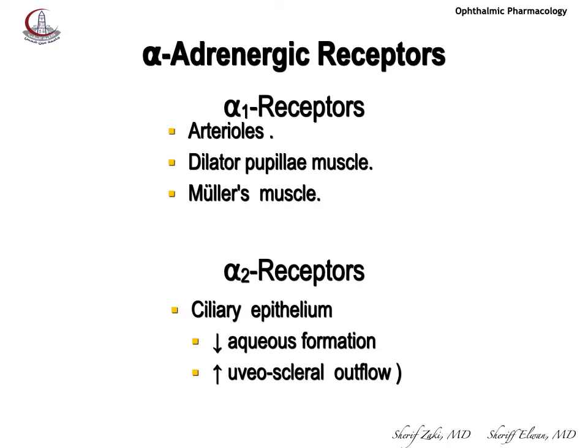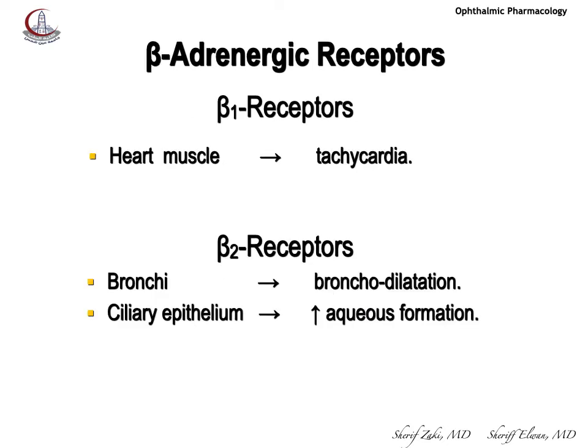And the alpha 2 receptors are found in the ciliary epithelium, that is, the epithelium of the ciliary body, and their effect is to decrease the aqueous formation and increase the uveoscleral outflow, and therefore alpha agonists lead to drop of intraocular pressure.